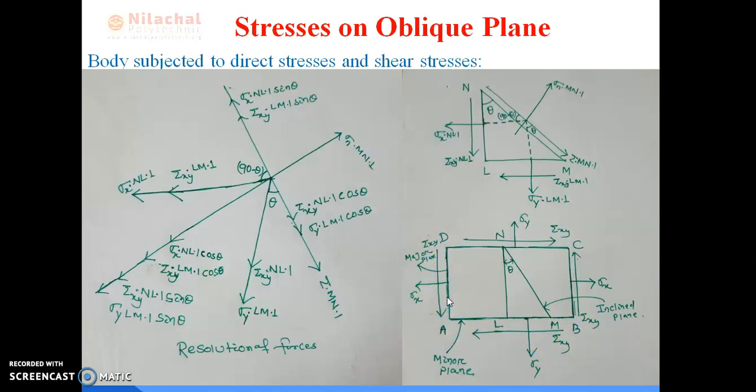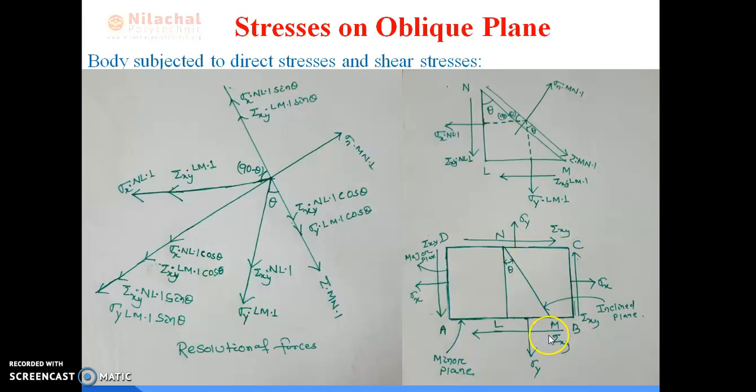What is the meaning of complementary shear stress? We know that, as shown in the figure, the shear stresses are acting along the vertical direction as well as along the horizontal direction. On the side DC we have a shear stress, and on side BA there is a shear stress.